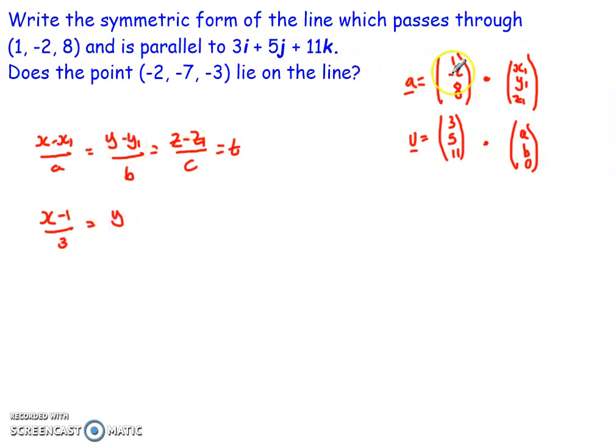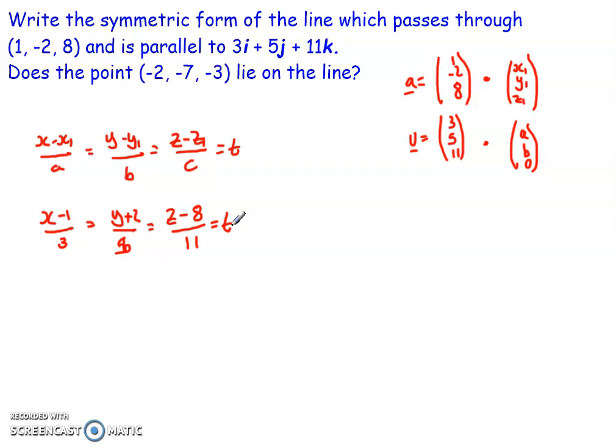Now it's minus minus 2, so it'll be (y + 2)/b = (z - 8)/11. Sorry, this b should be a 5. And that equals t.